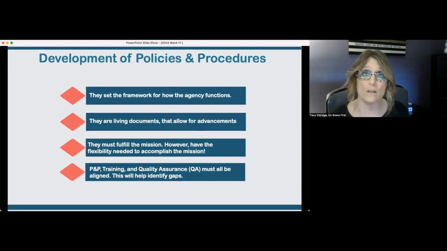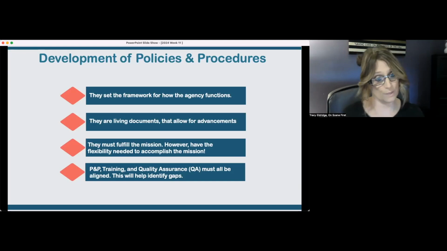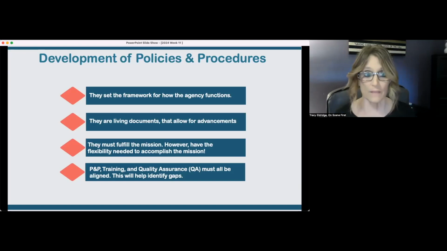They are living documents. They should be living documents, which allow for advancements: if there are technology advancements, changes in the number of personnel, changes in the structure of the department, removal of districts, or folks merging or regionalizing, they should be able to be adjusted.